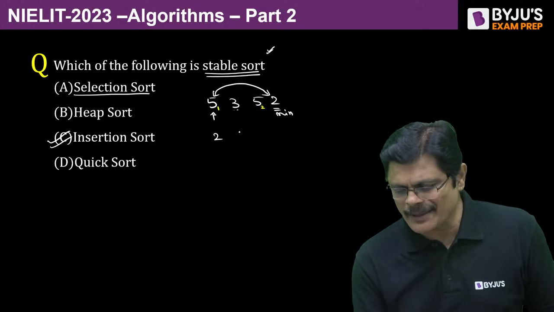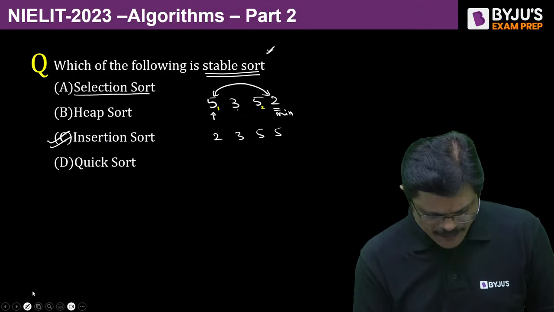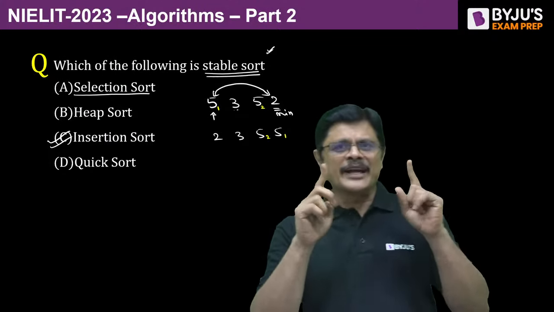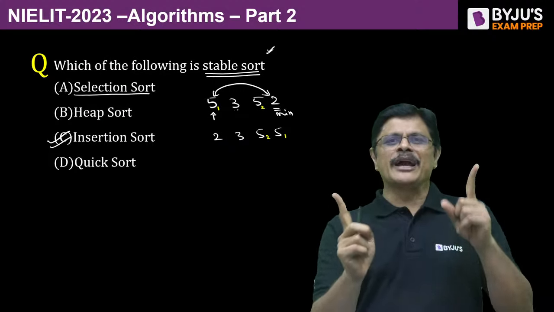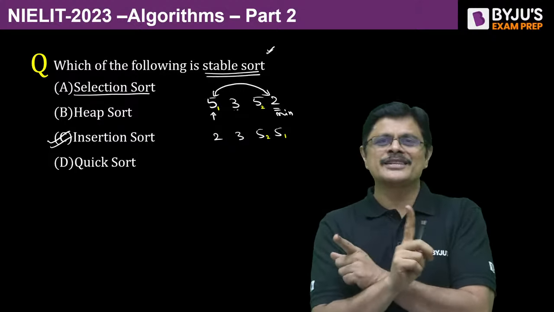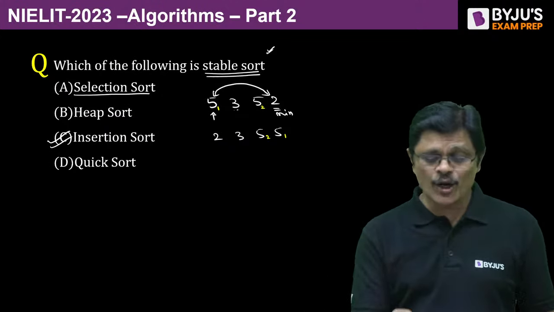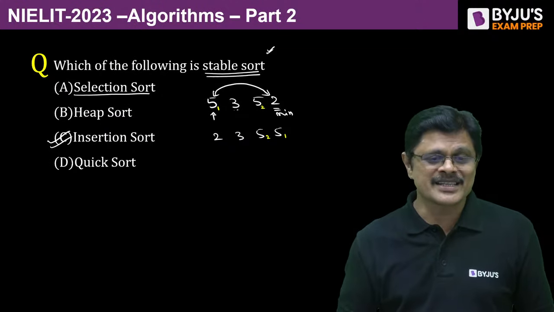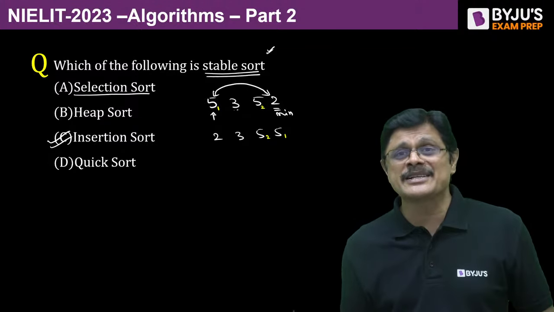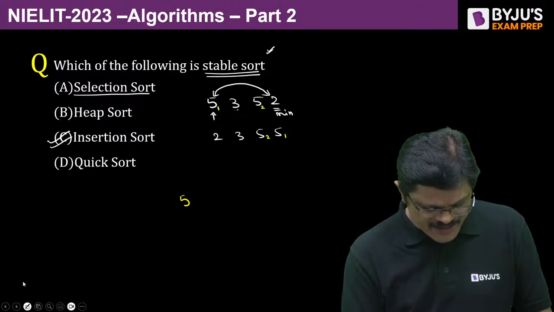So 2 comes here, 3 comes here, 5 here, 5 here. And if you observe, the equal keys 5 first, 5 second, that order is not maintained. Now the second 5 comes first and the first 5 goes next. So this is what you mean by a non-stable algorithm. So selection sort is a non-stable algorithm. It does not happen in insertion sort.